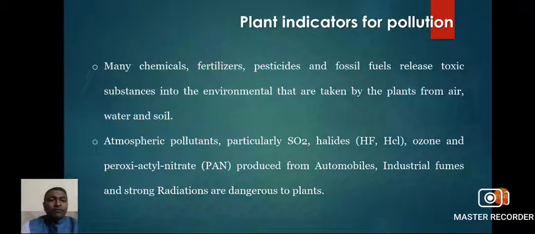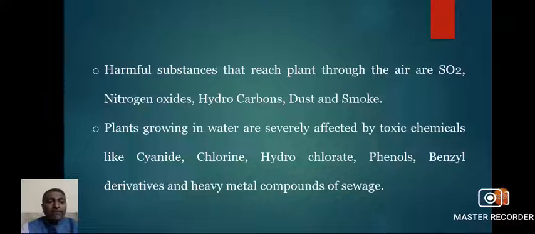Plant indicators for pollution can be found in nature because many chemicals, fertilizers, pesticides, and fossil fuels release toxic substances into the environment. Those are taken by plants from air, water, and soil, such as sulfur dioxide, halides, ozone, and peroxyacetyl nitrate, which are produced by automobiles, industrial fumes, and strong radiations, which are dangerous to the plants.